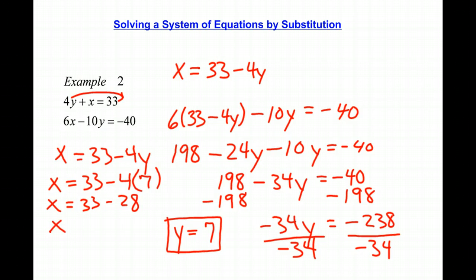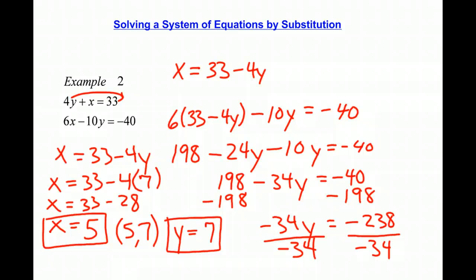And it looks to me like x has come out to the value of 5. So if we were to write our answers as an ordered pair, we could write it as (5, 7). You could also just box up your two values and report your answer like that for now.